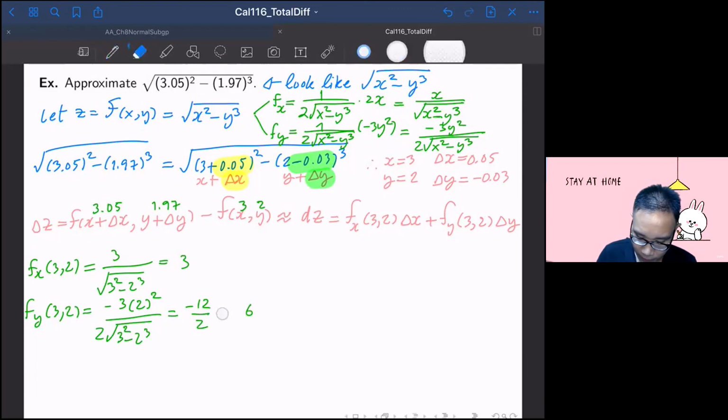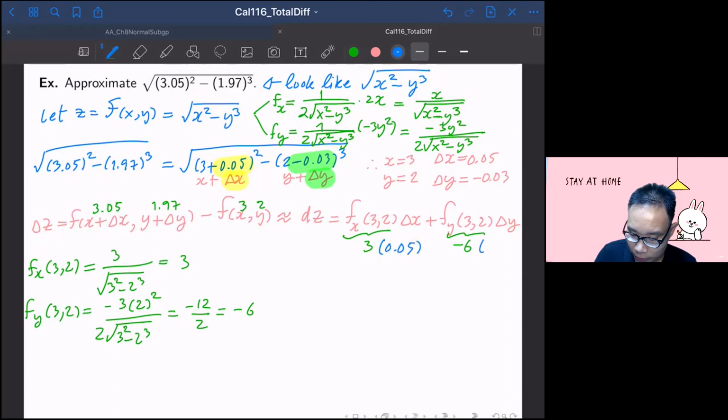So in this case, you're going to plug in the values. This guy will be 3, this guy will be negative 6, and for delta x it's going to be 0.05, and delta y is going to be negative 0.03, into the formula, and you're going to add them up.